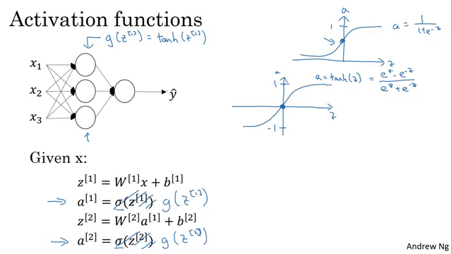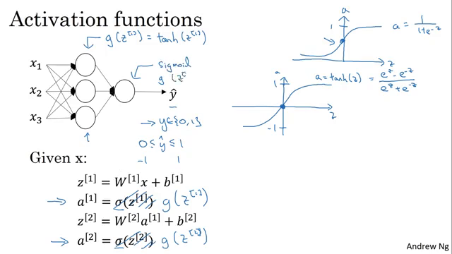The one exception is for the output layer, because if y is either 0 or 1, then it makes sense for y hat to be a number that you want to output that's between 0 and 1 rather than between -1 and 1. So the one exception where I would use the sigmoid activation function is when you're using binary classification, in which case you might use the sigmoid activation function for the output layer.